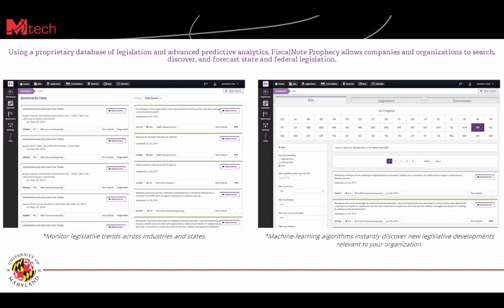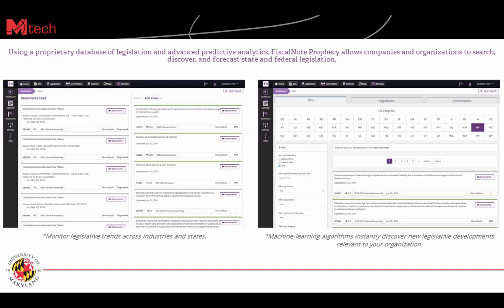And it leverages machine learning algorithms that Fiscal Note has developed to discover new developments relevant to your company or organization, as well as to anticipate what may come and what it means to you. So when you think about the life cycle, one way to consider it is how many companies are out there doing the same thing.